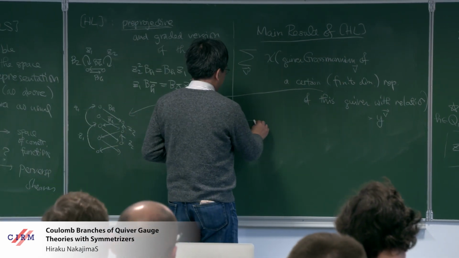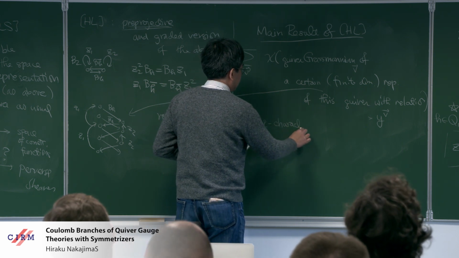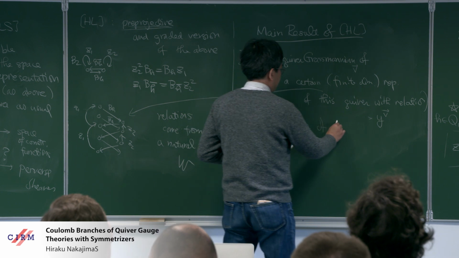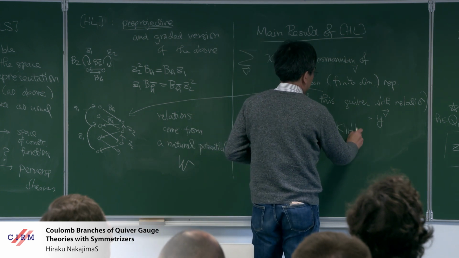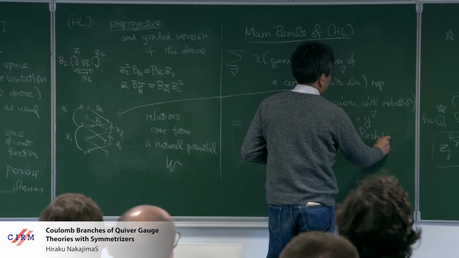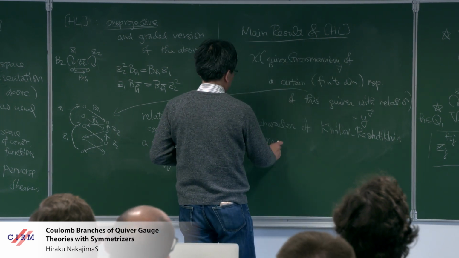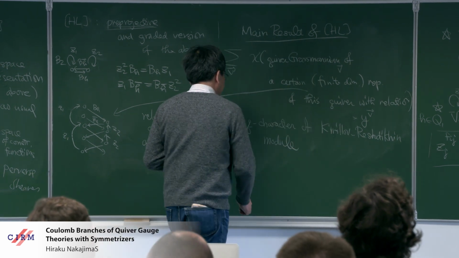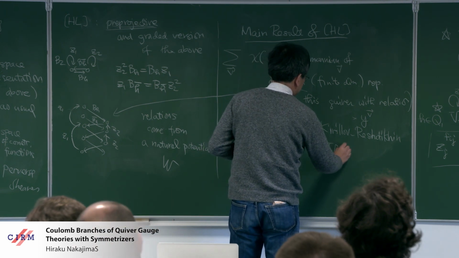So this is equal to the so-called Q character of Kirillov-Reshetikhin modules of U_q of L g.